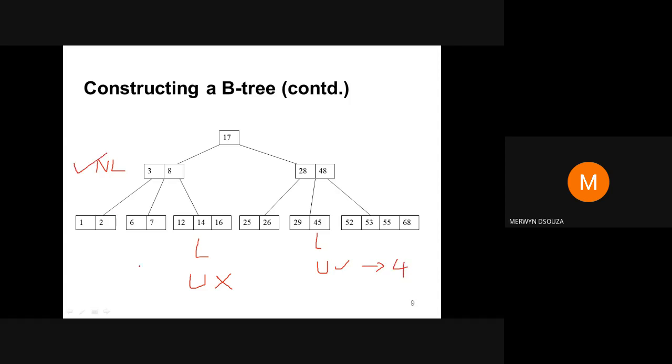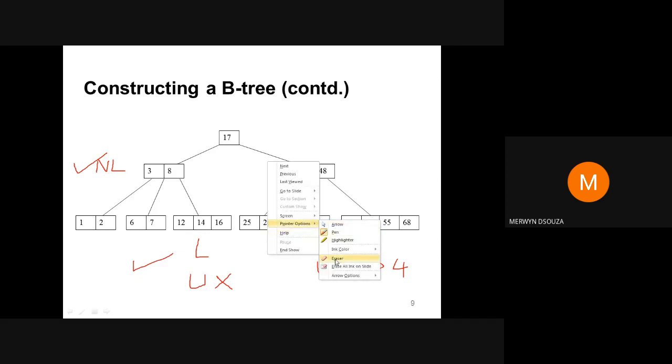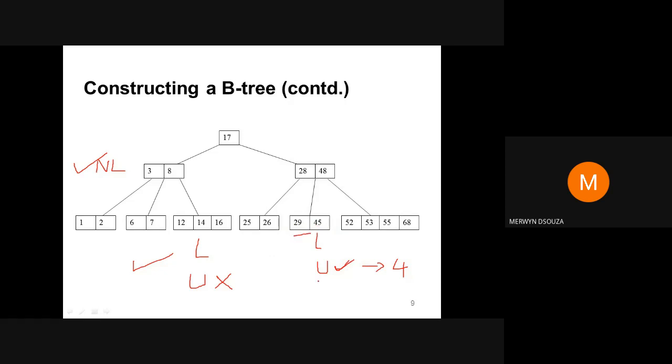I hope you have understood how it is to be done. If you have any questions, you can put it in the chat box. I will answer it. So now let's look at this situation wherein we delete from a leaf node and underflow occurs, and let's look at these 4 cases.